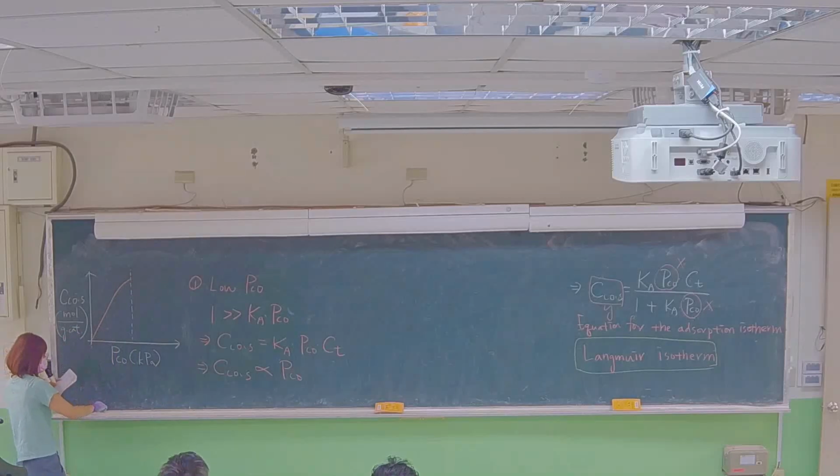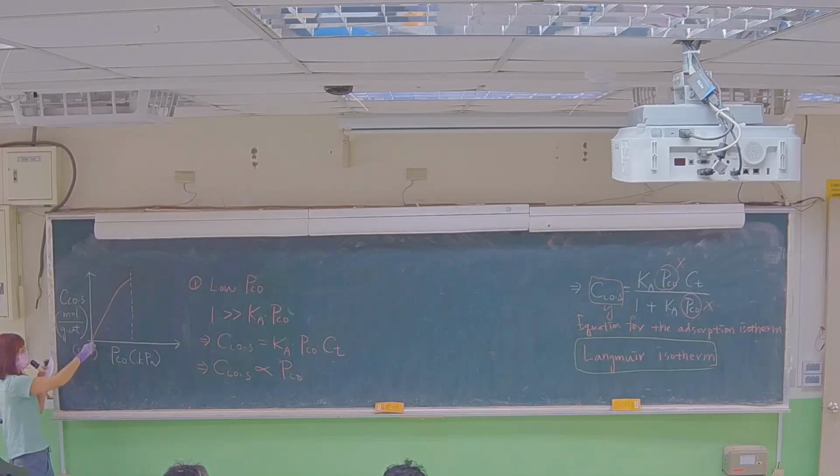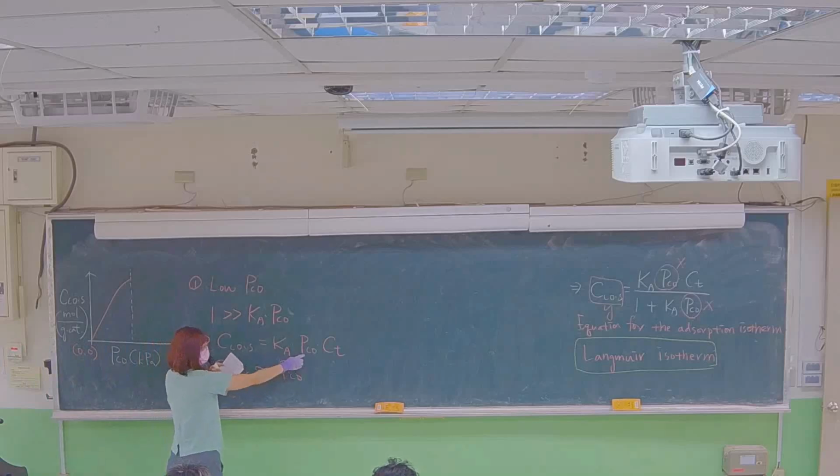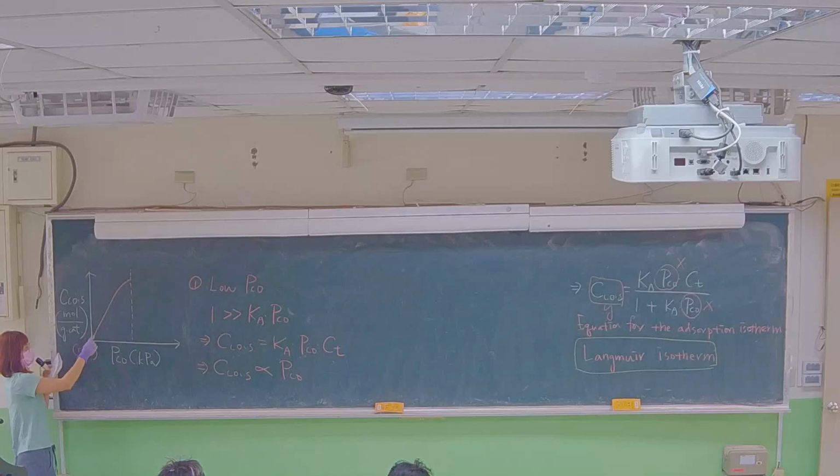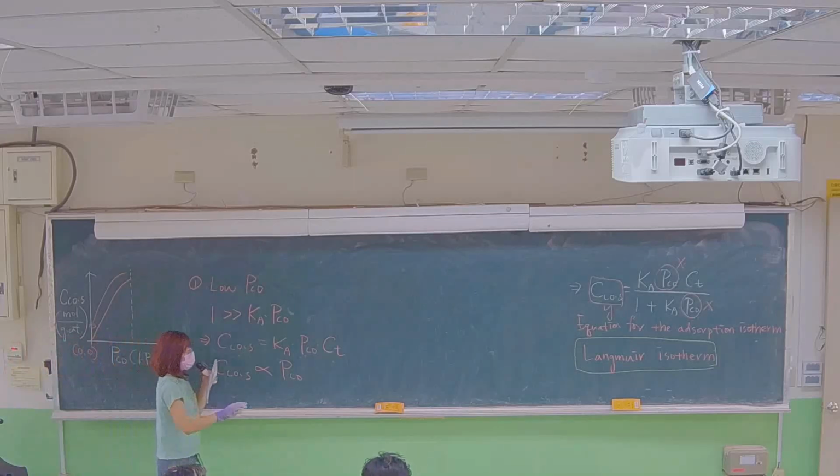And be careful, you should pass through 0, 0. You should have the origin, right? 0, 0 is one of the points. So it is very important for the beginning point. If you draw like this, this is wrong, because you know 0, 0 is one of the points. So be careful at the beginning.